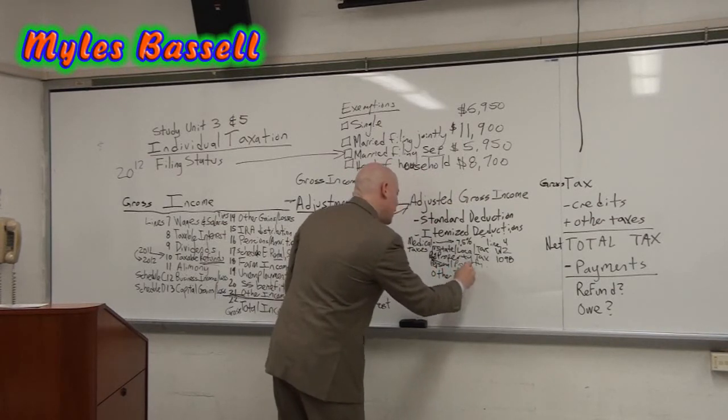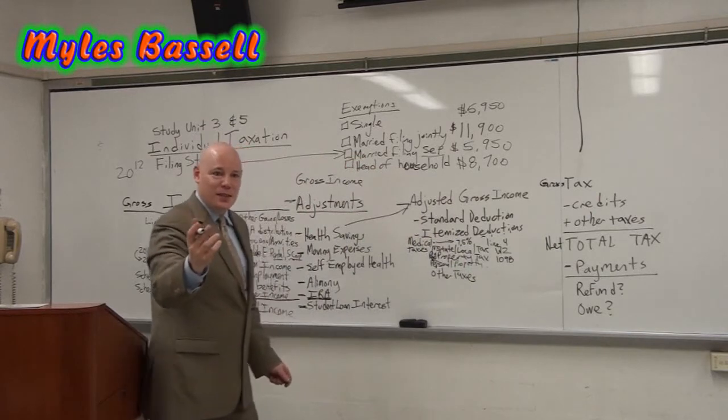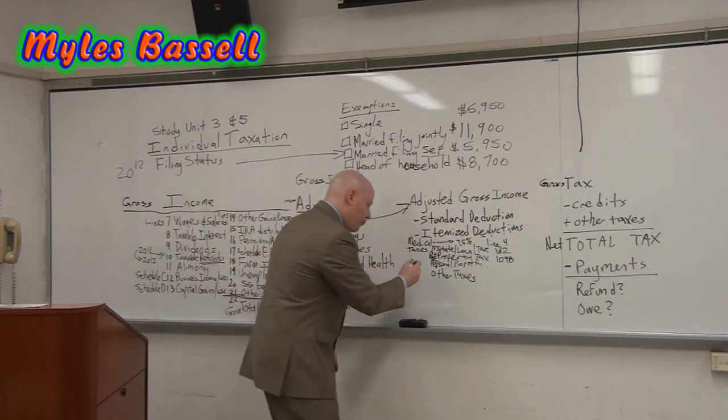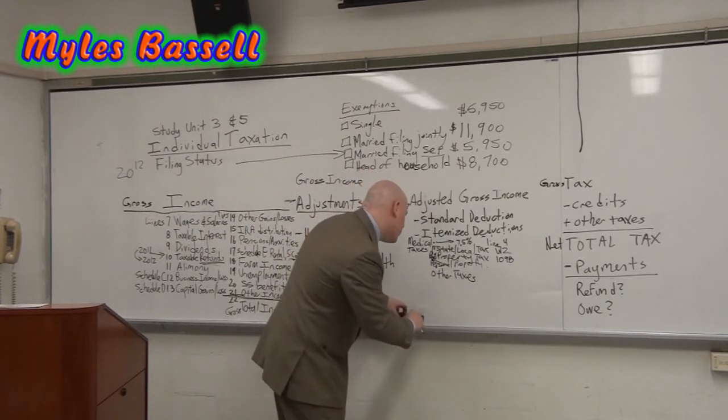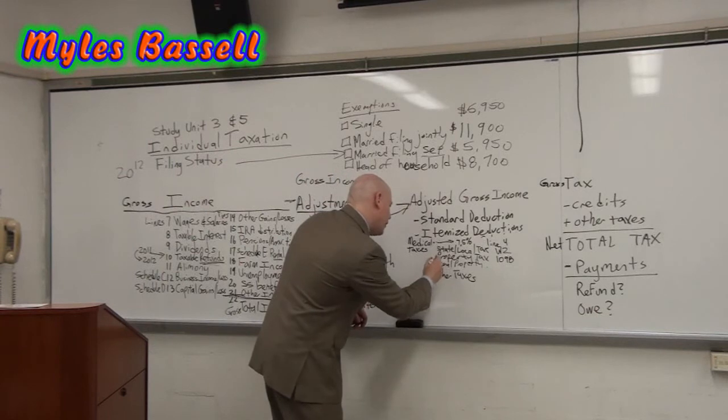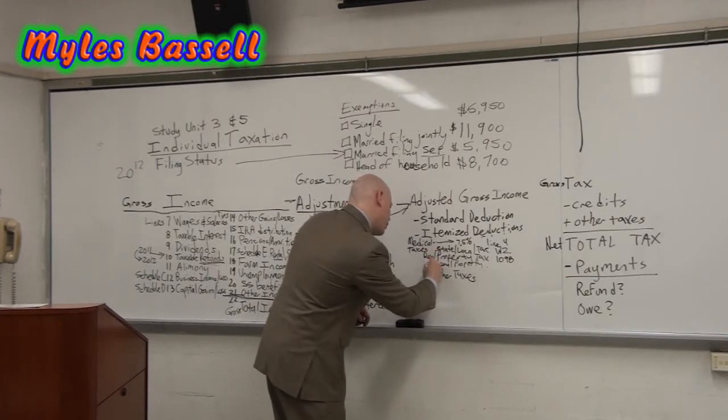So what would be an example of other taxes, like foreign taxes? If you pay taxes to a foreign government, then you could take that off here. Okay, this is real property, and then personal property.